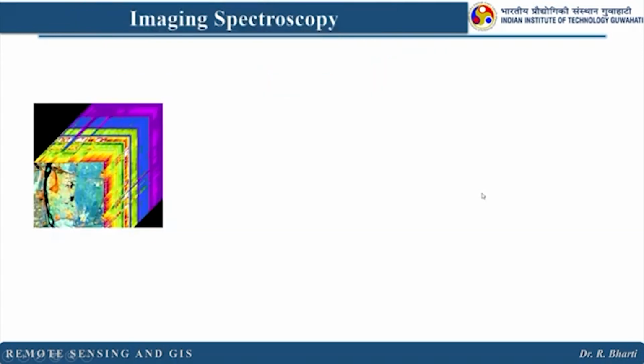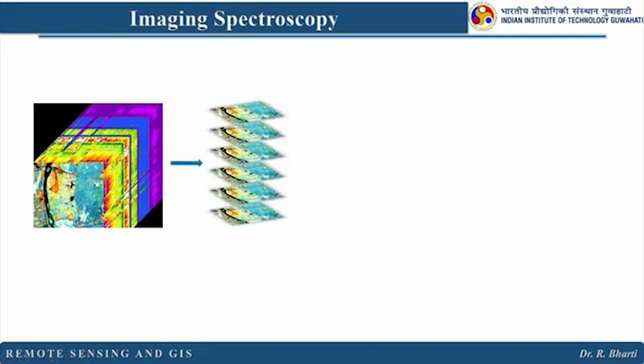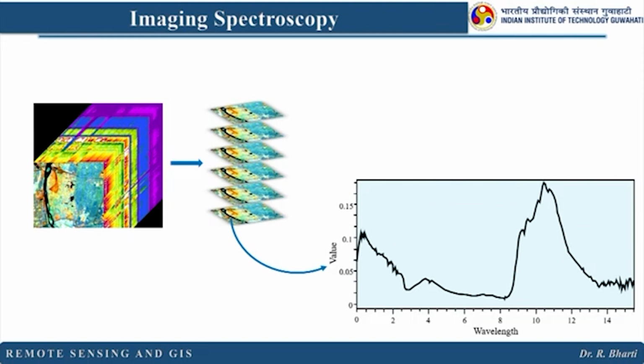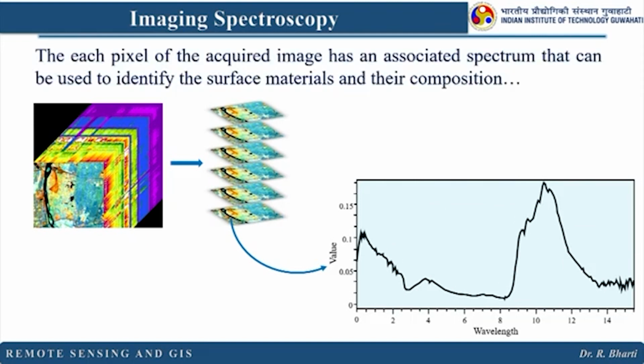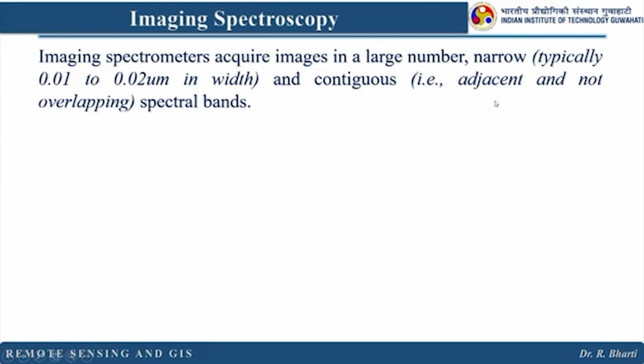In imaging spectroscopy, we generate the hyperspectral image where we have narrow band contiguous spectra, right. Each pixel of the acquired image has an associated spectrum that can be used to identify the surface material and its composition, right. Imaging spectrometers acquire images in a large number of narrow and contiguous spectral bands.